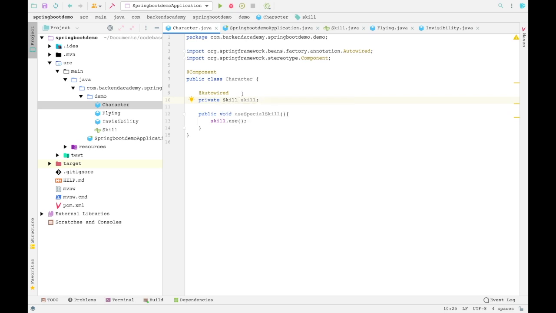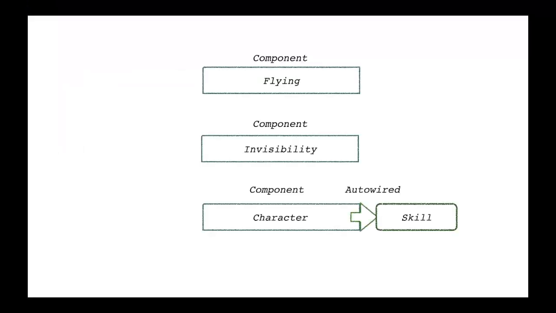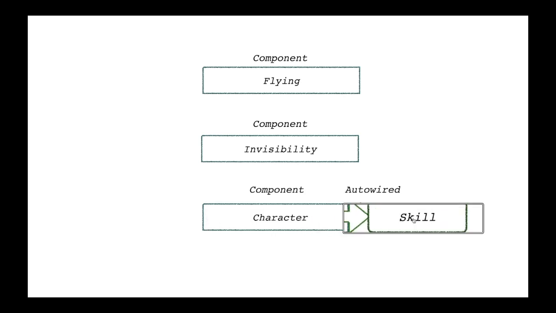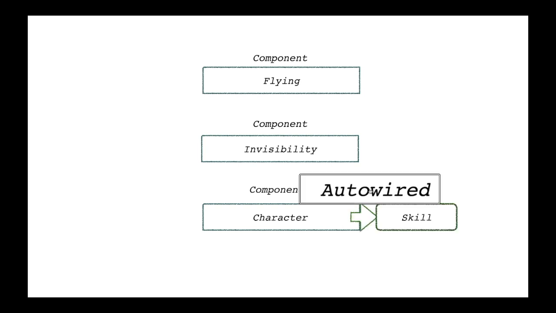Now let's understand how all this component scanning actually works. If you see this diagram, this is what we did. We have our Flying class annotated with Component. We have Invisibility annotated with Component. We have our Character class with the Component annotation, and this Character class depends on Skill, and that is represented using the Autowired annotation.